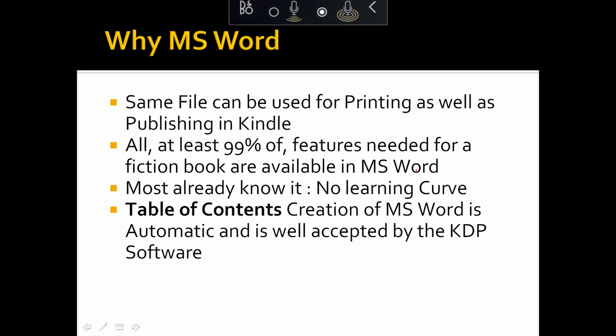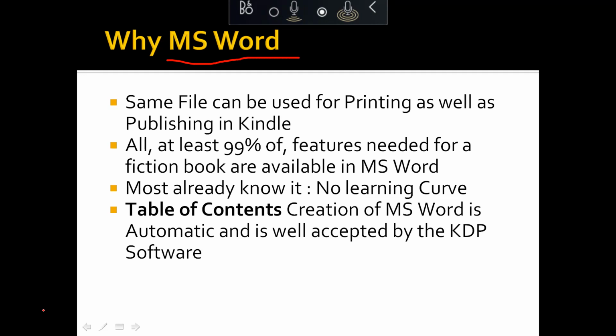So I will suggest if you are using Windows to start using MS Word. If you are using Mac also, I will suggest you get MS Word, or if you are already comfortable with Write or any software in Mac, you can use it. I would not want you to try to learn Adobe InDesign for a book.